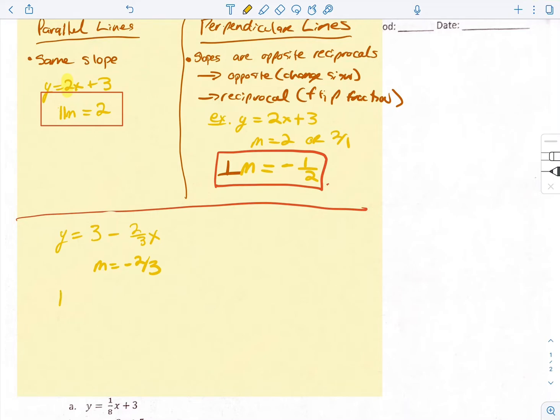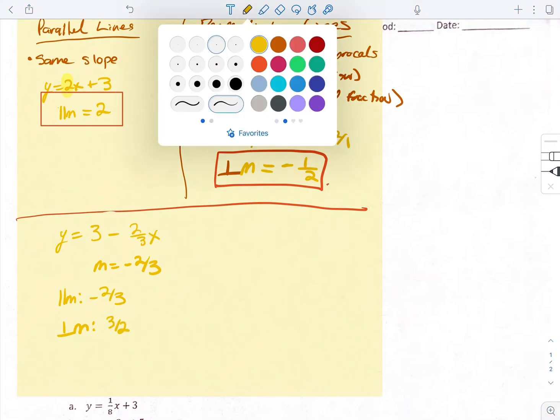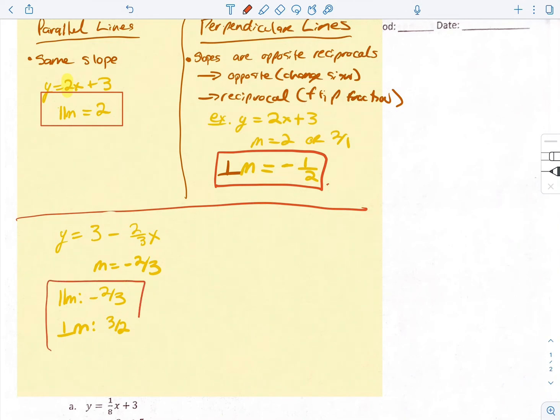Well, what does that tell us? First off, our parallel slope has to also be -2/3. And our perpendicular slope, by what we said here, has to change the sign so it becomes positive. And then the reciprocal, we flip. So this becomes positive 3 over 2. There we are. All right, so we got some examples here.